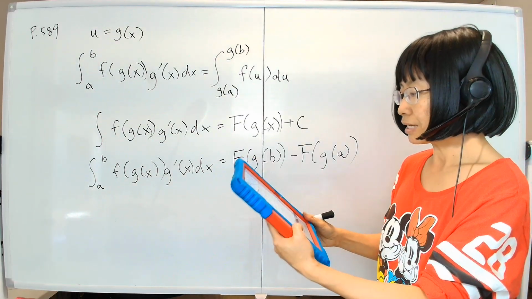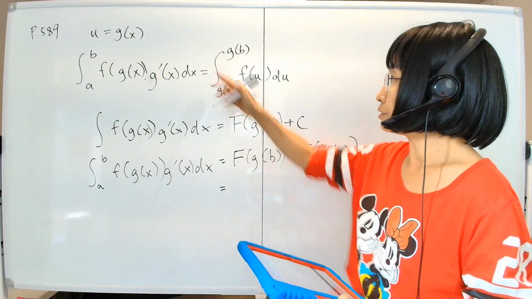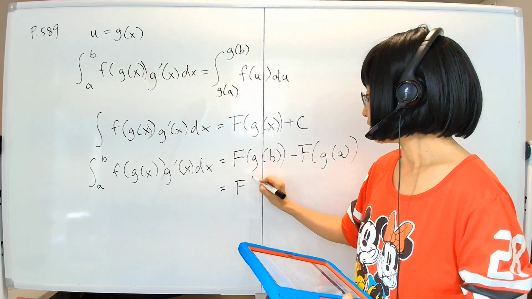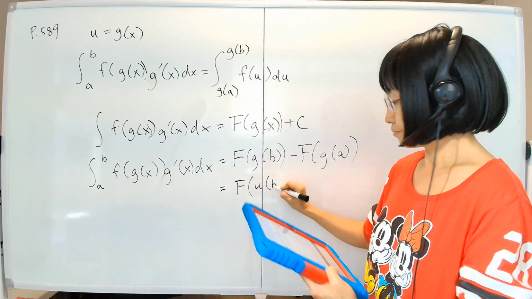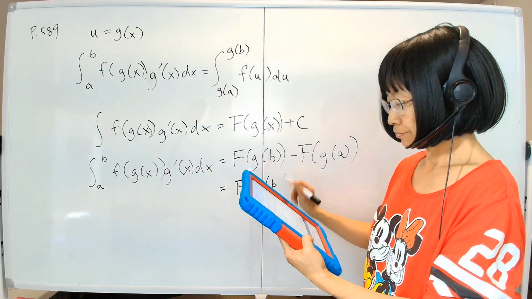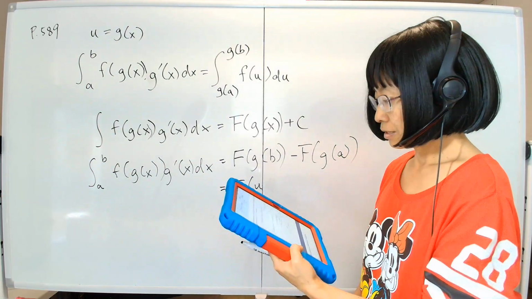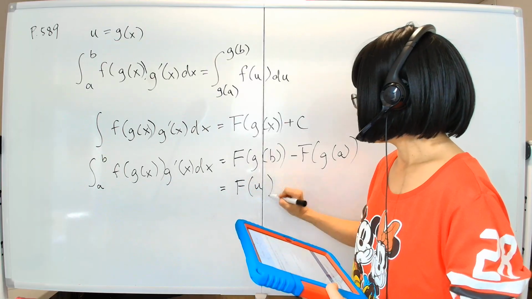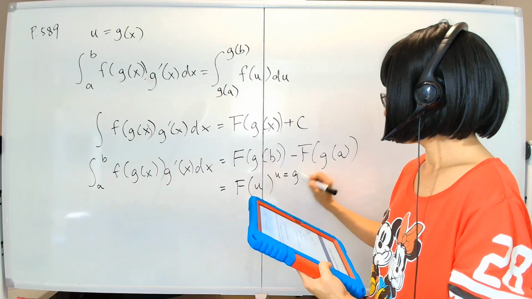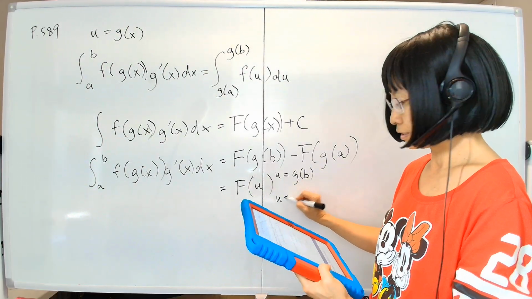Now that is the same as saying that, being that u equals g of x, we can plug u in here. That is the same as evaluating F of u at u equals g of b, subtracted by F of u at u equals g of a.